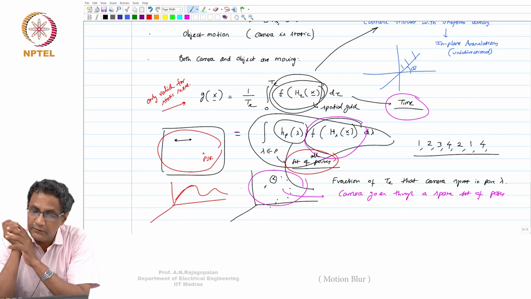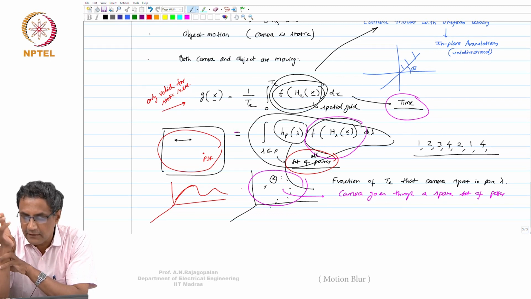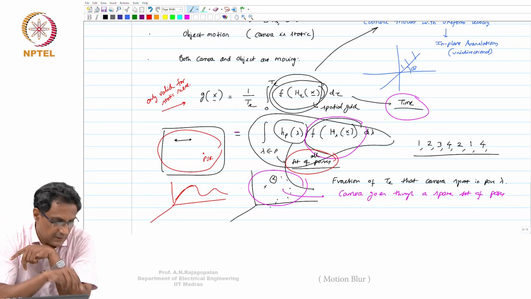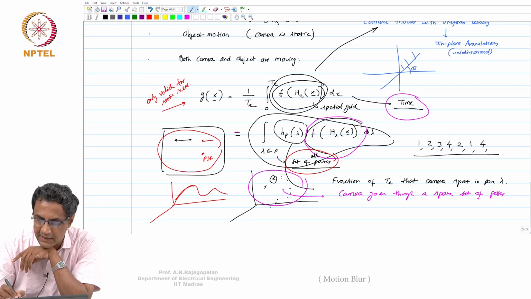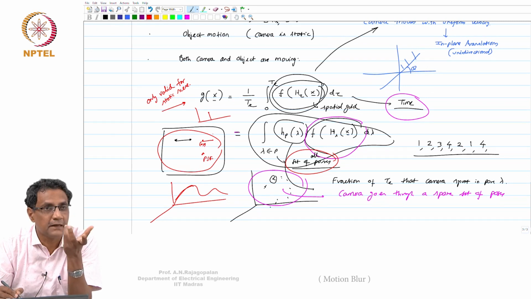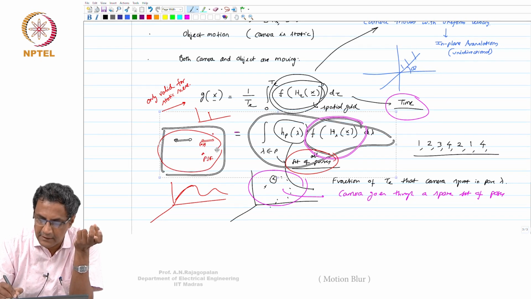But if somebody tells you the camera poses that it went through, then without even looking at the image, I can tell exactly what the kernel should be, because all I have to do is apply every pose to this point, see where it goes, and at that location in the kernel, where 0,0 is the origin, I put the value HP of lambda.